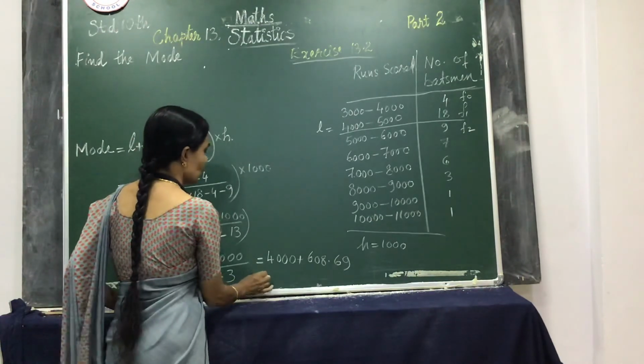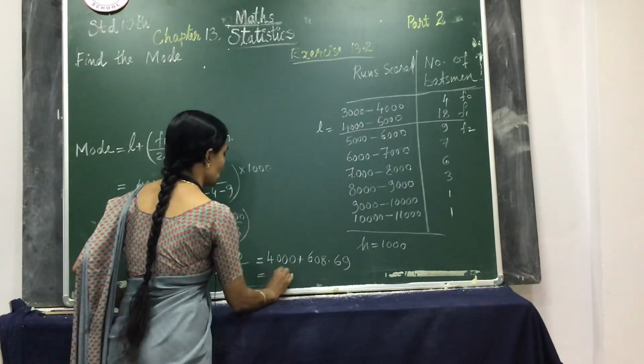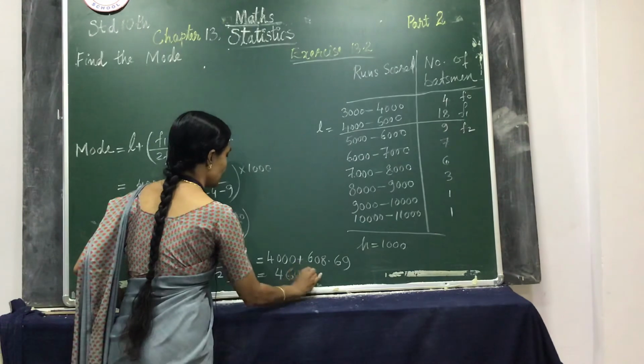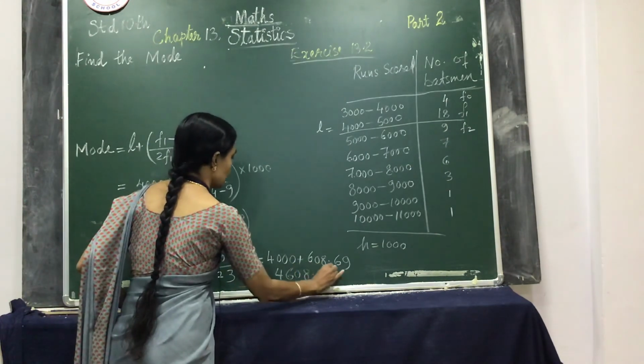So the average modal score of the batsmen is 4608.69.